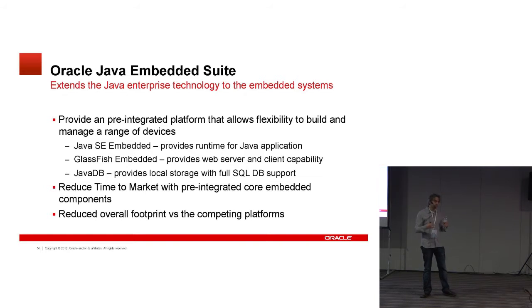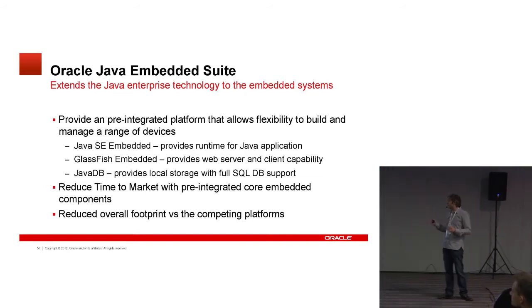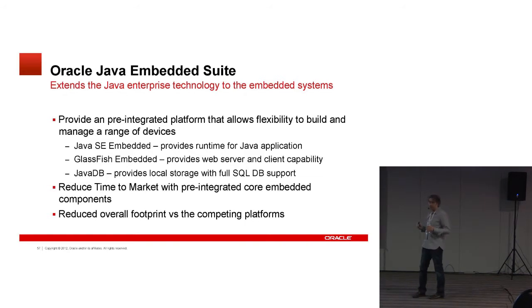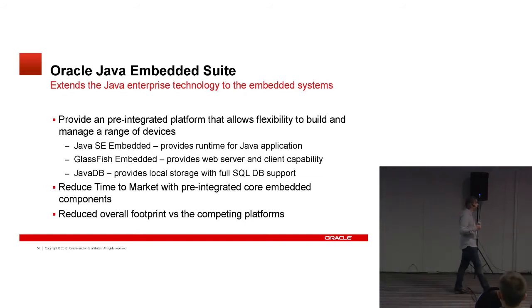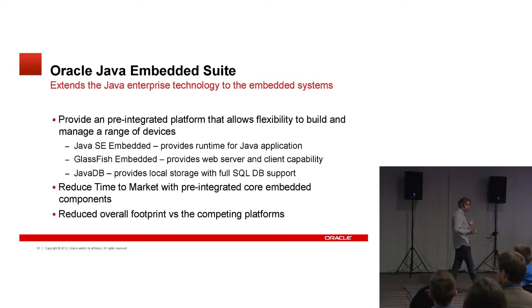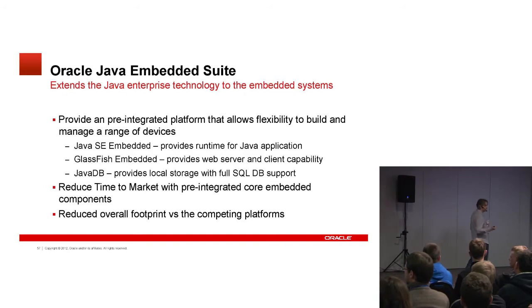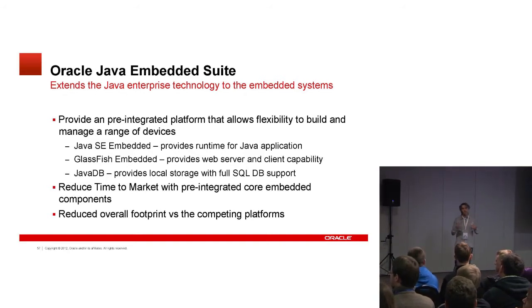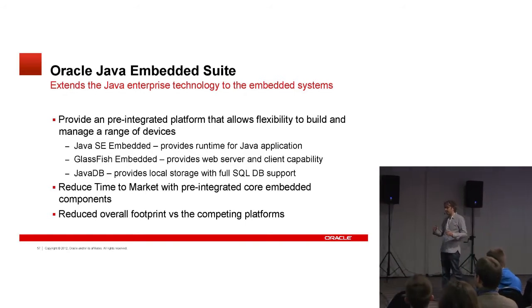We can also put Java EE deeper in the network, so closer to the device. That's what we are doing with the Java Embedded Suite. So it's basically a virtual machine: Java SE Embedded, GlassFish with JAX-RS capabilities, and a lightweight database. So that's something that you can put deeper in the network, closer to the device.